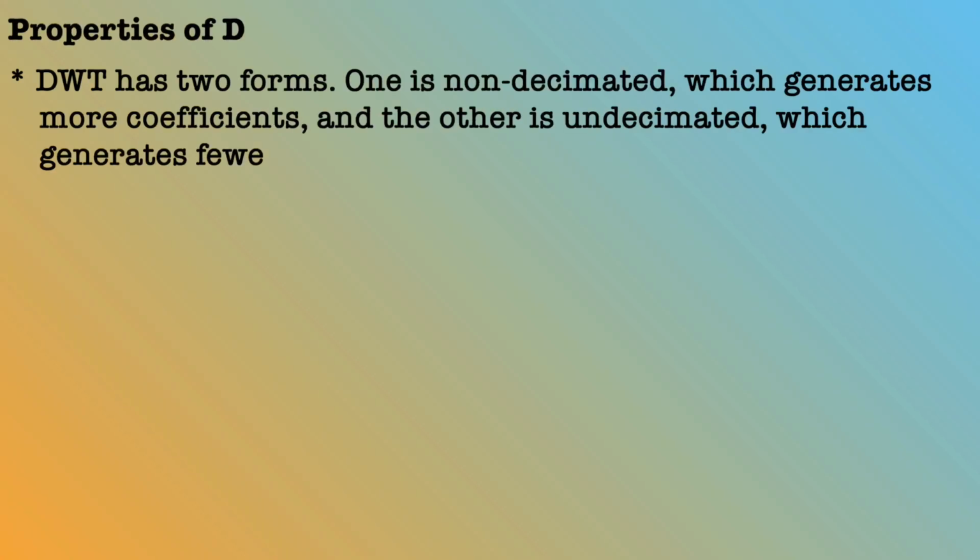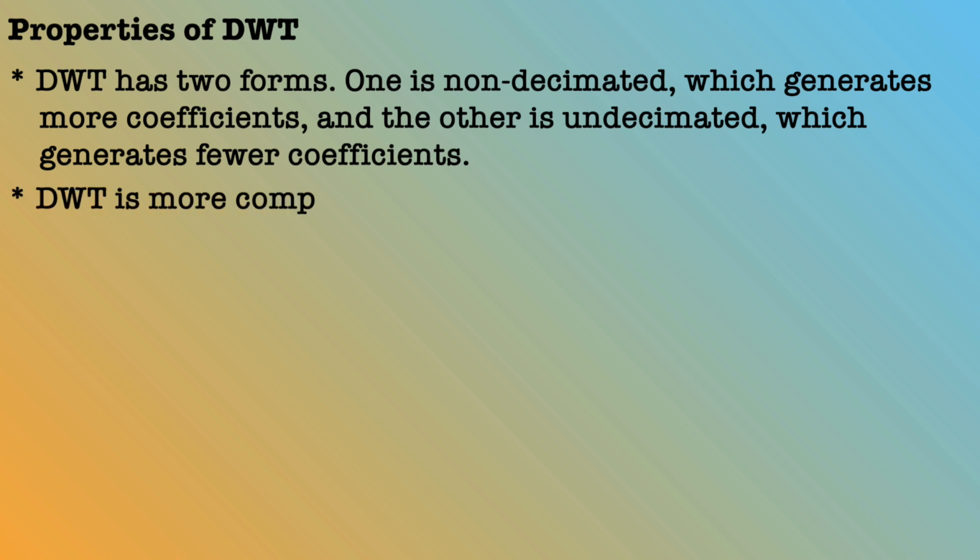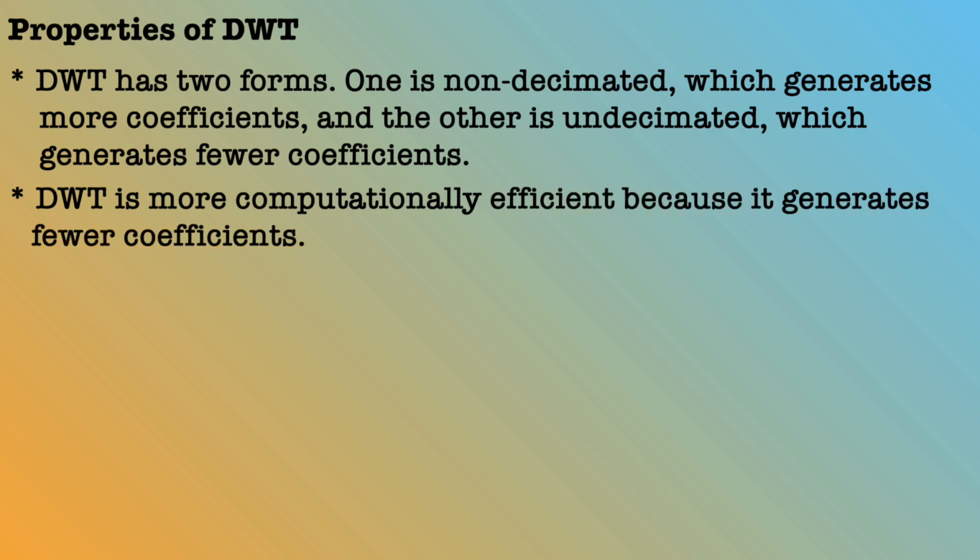DWT has two forms. One is non-decimated, which generates more coefficients, and the other is decimated, which generates fewer coefficients. DWT is more computationally efficient because it generates fewer coefficients.